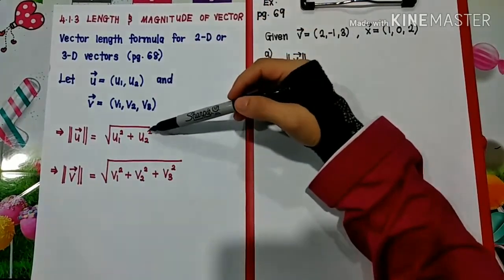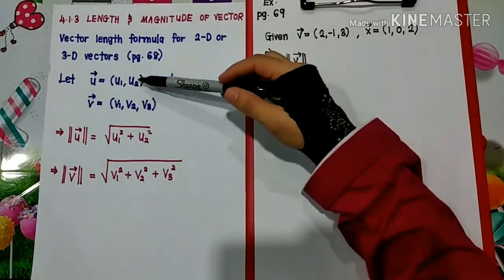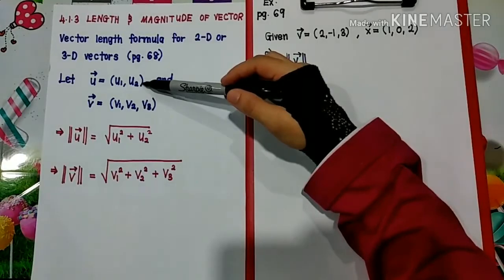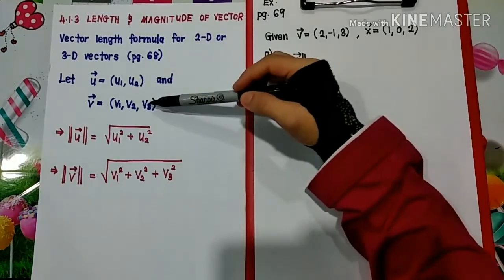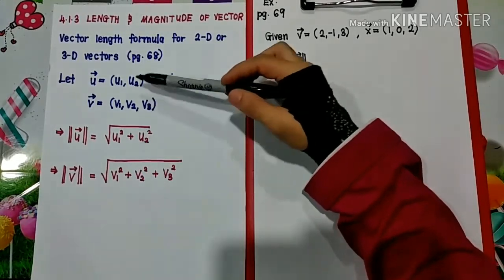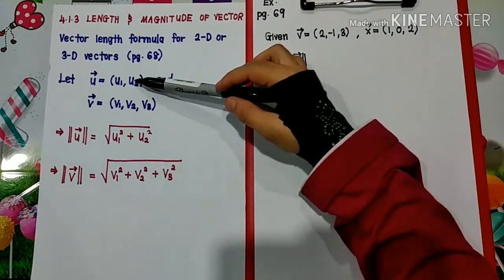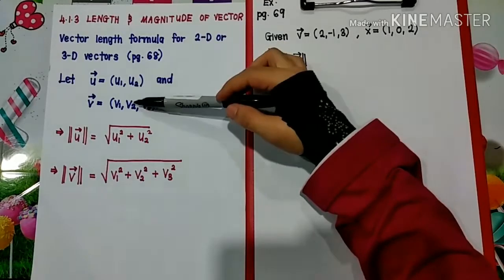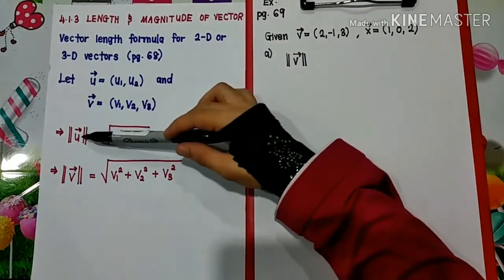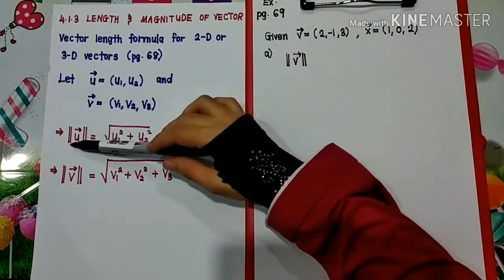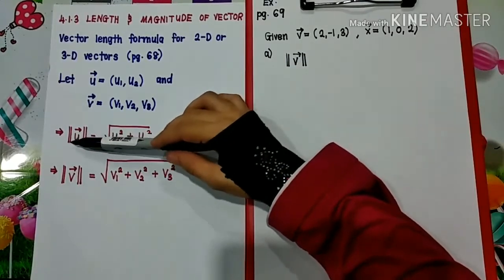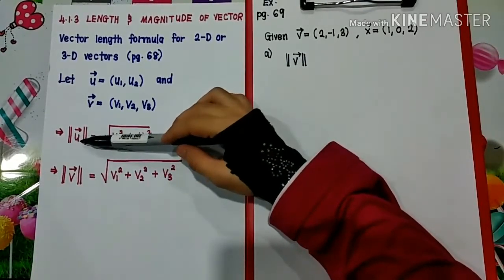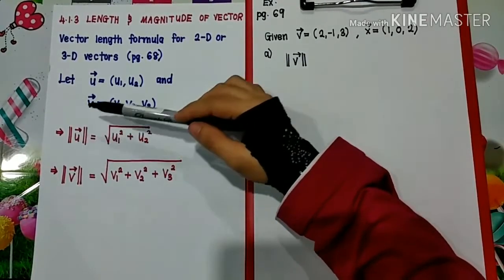Let's say we have two vectors u and v, u in R2 and v in R3. How do we find the magnitude or length of these two vectors? It's simple. We use this notation to denote the magnitude.